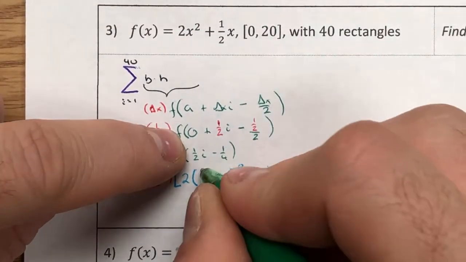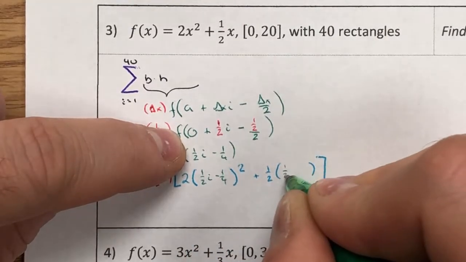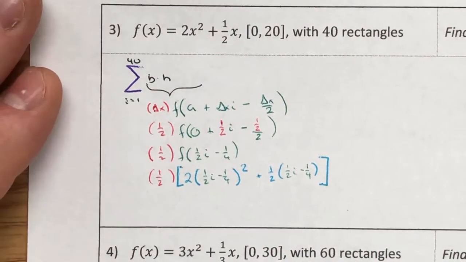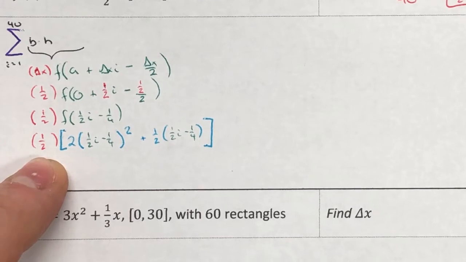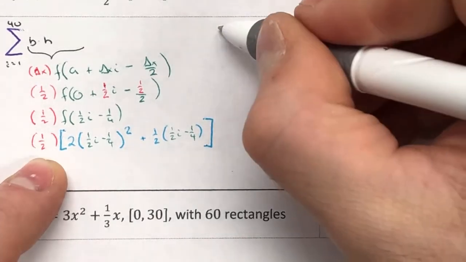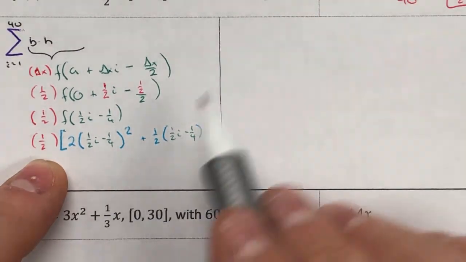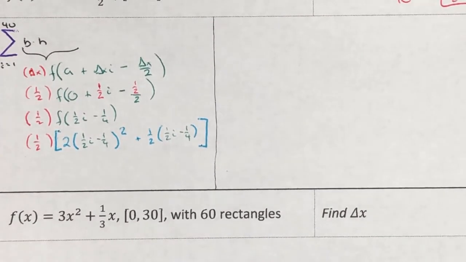This value. 1/2 of i minus 1/4. Okay. And so now the fun begins. Now we get to simplify what this is so that we can reduce our sigma notation. So I'm going to draw a dividing line right here because we're going to start simplifying this in its own section because I doubt we can do this in one step.